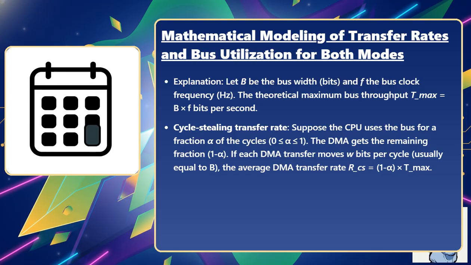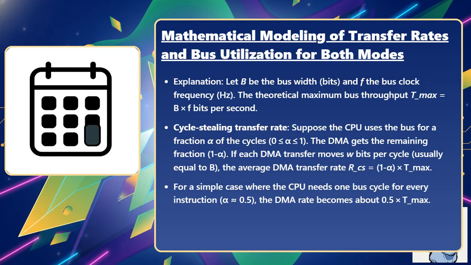If each DMA transfer moves W bits per cycle, usually equal to B, the average DMA transfer rate R_CS equals (1 minus alpha) times T max. For a simple case where the CPU needs one bus cycle for every instruction, alpha is approximately 0.5, and the DMA rate becomes about 0.5 times T max.